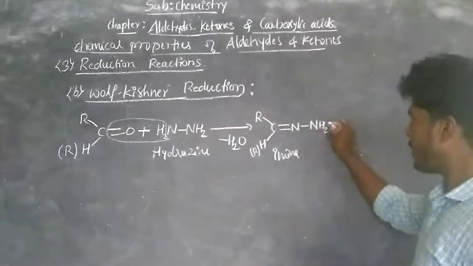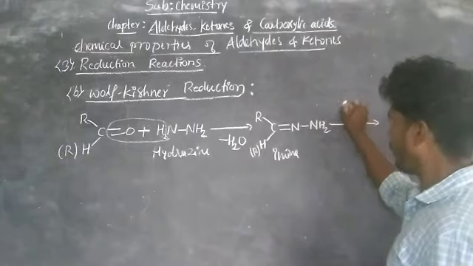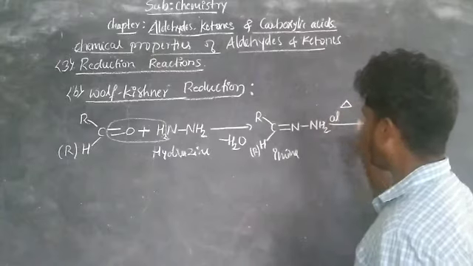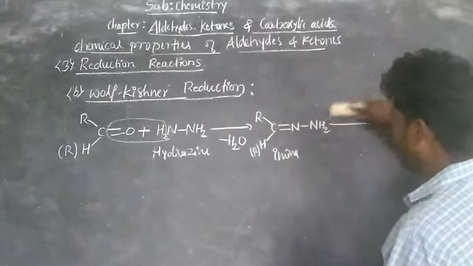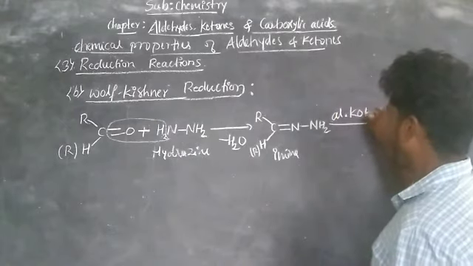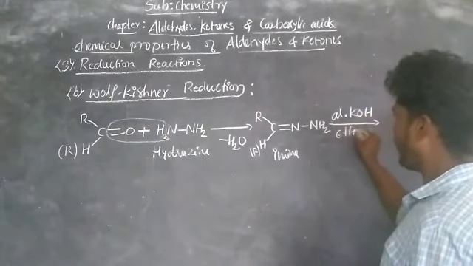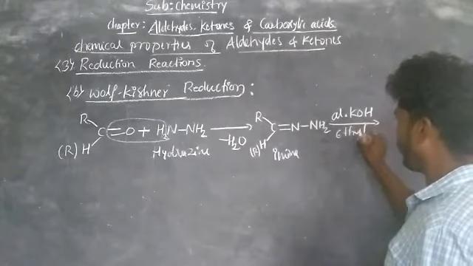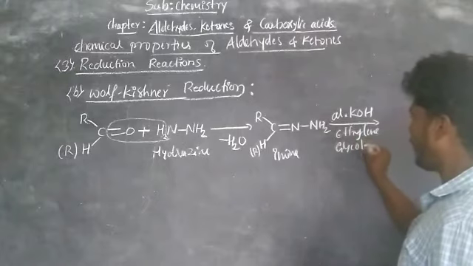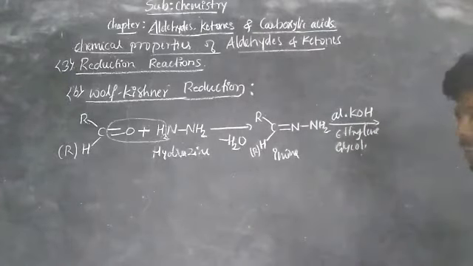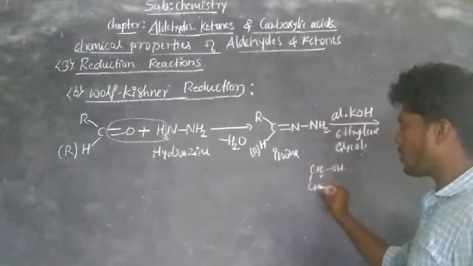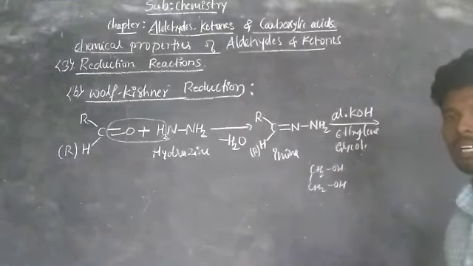Then again, this is heated with strong alkaline KOH, and the solvent is ethylene glycol. So you know the structure of ethylene glycol that you learned earlier, that is CH2OH-CH2OH. So this is called ethylene glycol.